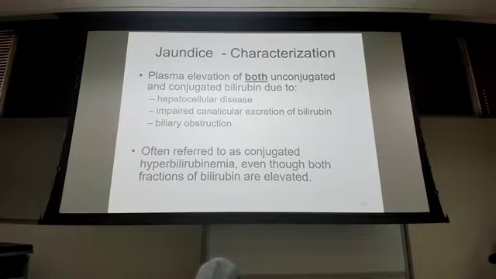When you have conjugated hyperbilirubinemia, a lot of times that's cellular liver disease, impaired canalicular excretion of bilirubin.